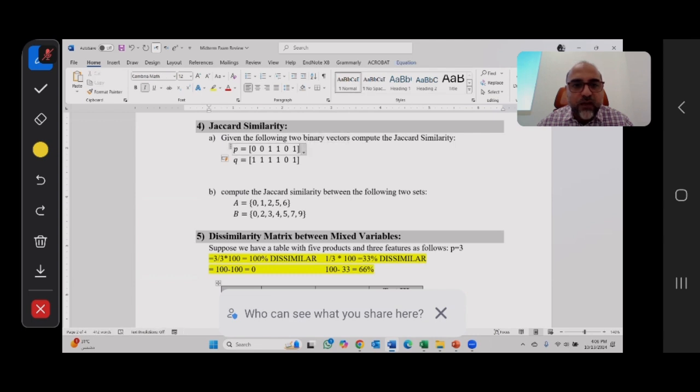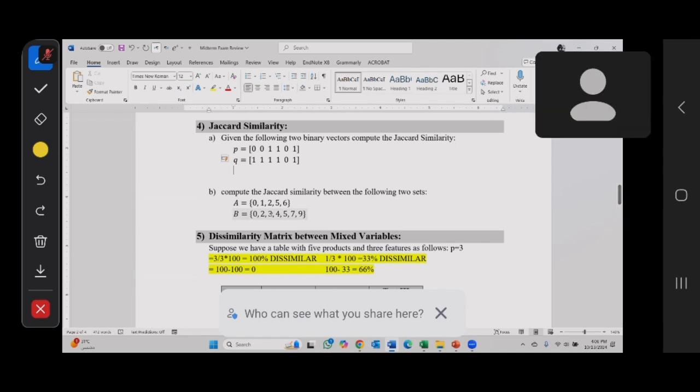How many total are there? 1, 2, 3, 4, 5, 6. Out of 6, how many match? First match, second match, match, match, match, match. All of them match, right?